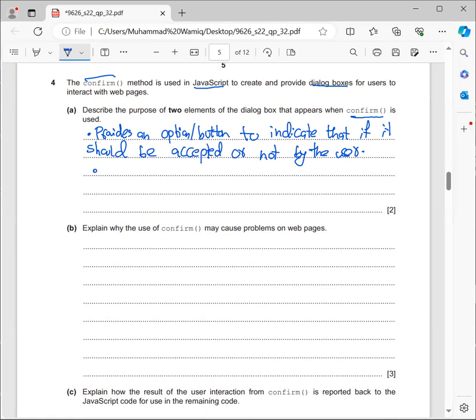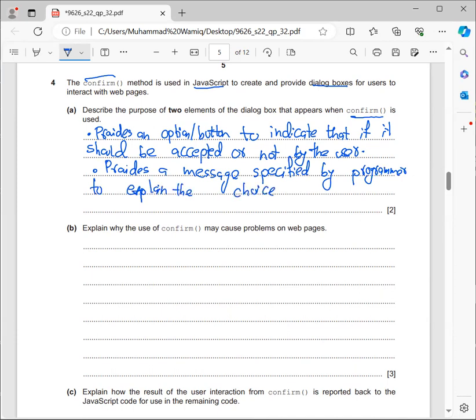Second thing is that it provides a message specified by the programmer to explain the choice available. Like for example, if yes or no. So they are asking the purpose of that.